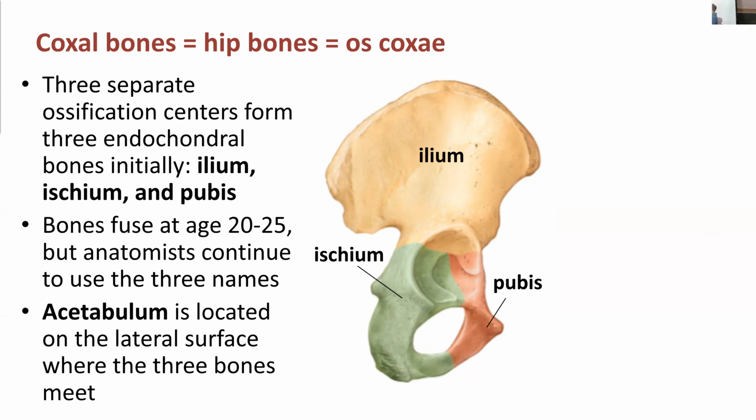So if I asked you where the 3 bones during development that form the coxal bone articulate with each other, you could say it's directly in the acetabulum. What I want to do is walk through each of these 3 bones and talk about some of their structures and the functional importance of each of those structures.